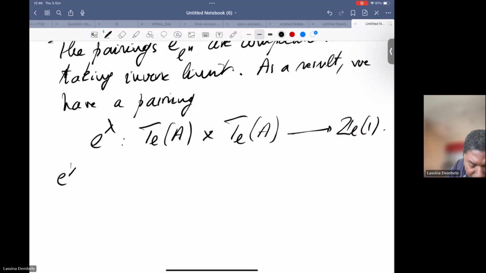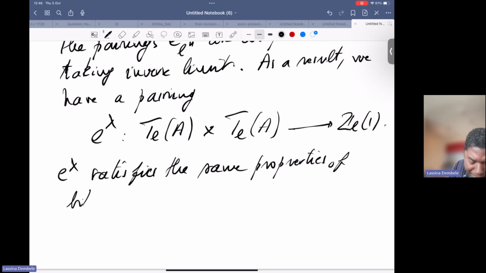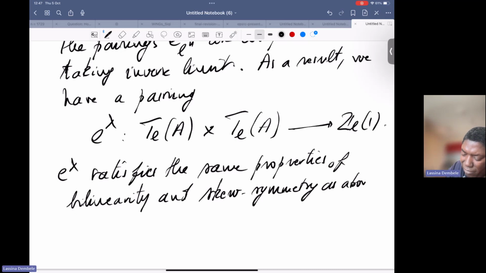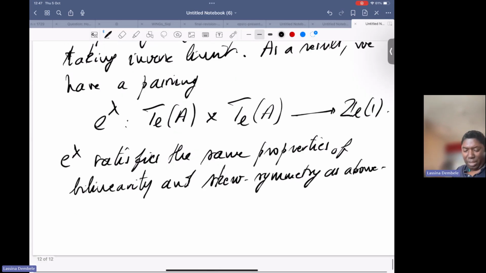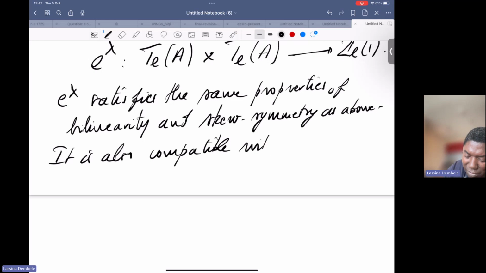It has the same properties of bilinearity and skew symmetry as above, and it's also compatible with the Galois action.